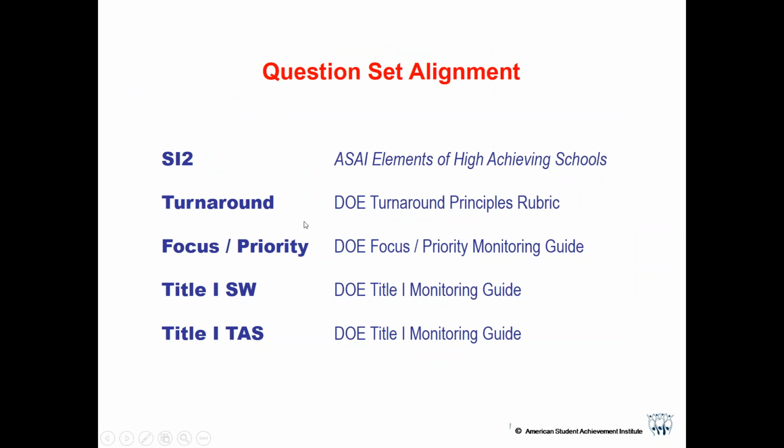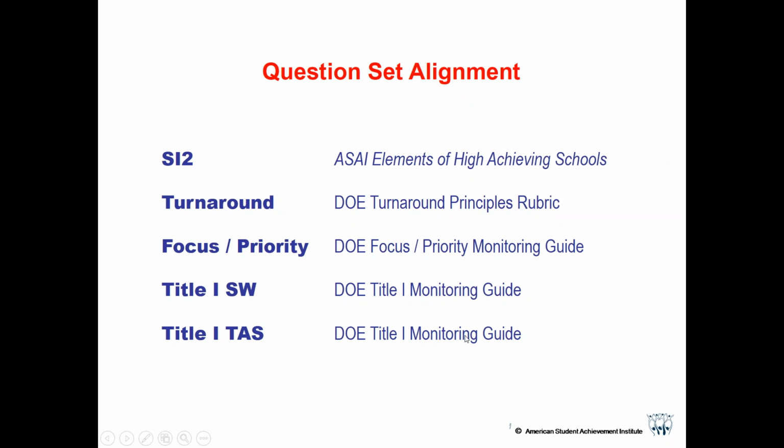On these types of questions, I think I kind of mentioned this, but we've aligned these question sets with different documents. For the SI2 questions, it's the Elements of High Achieving Schools that we published. For the turnaround principles, it's the DOE turnaround principle rubric. Focus and priority, it's the focus priority monitoring guide that DOE publishes.